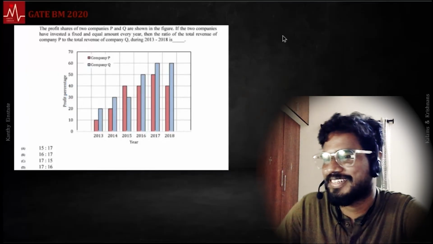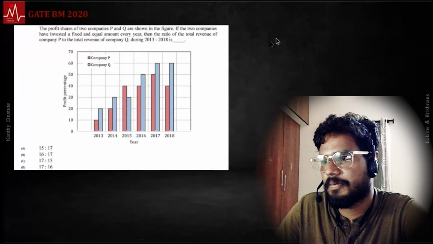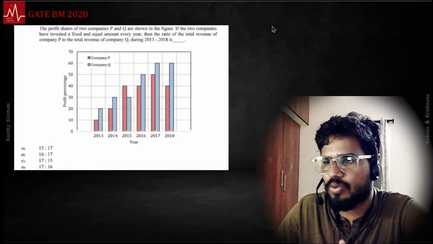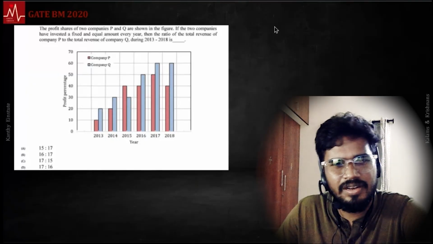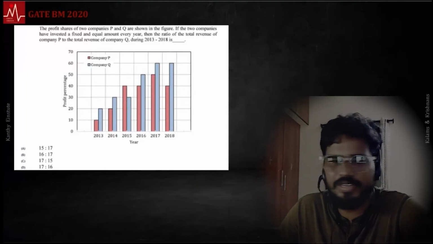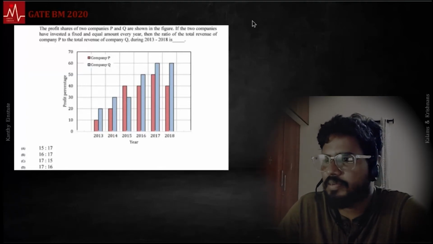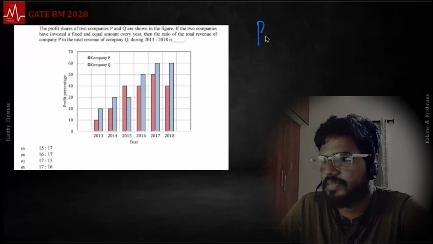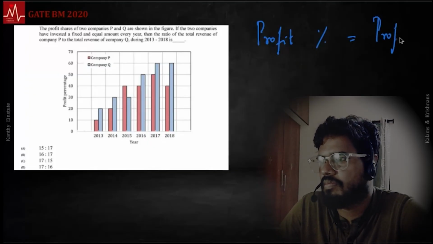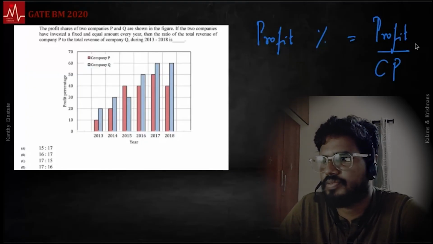So, what is profit percentage? You need to know a couple of things. Profit percentage is one of them. There is profit margin, profit percentage. One is with respect to cost price, another is with respect to selling price. In this case, the profit percentage, by definition, is profit by cost price into 100, of course.